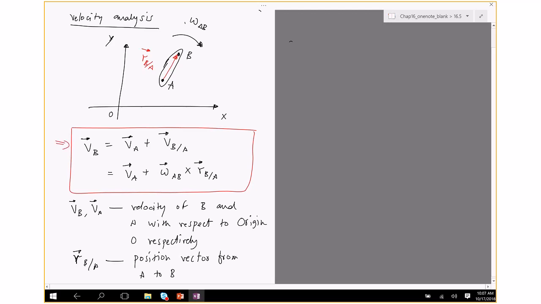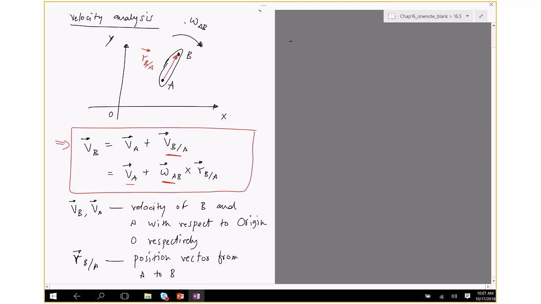So velocity of B is velocity of A, and when I say velocity of B and A, it is the velocity of those points with respect to the origin O, so absolute velocity, plus the relative velocity of B with respect to A, and that's always denoted by B slash A. Okay, what is B slash A? It is angular speed as a vector.